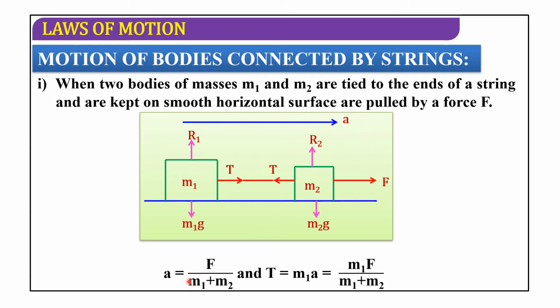Then A is equal to F by M1 plus M2, and T is equal to tension M1A, that is equal to M1F by M1 plus M2.